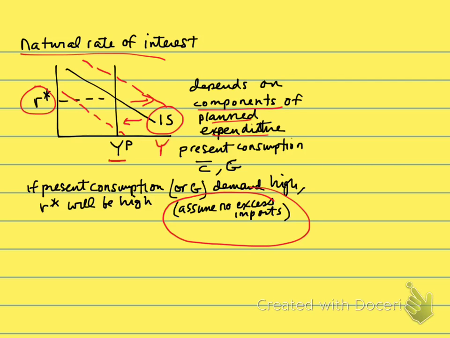So we can think of the natural rate of interest as really set at a global level. Global savings has to equal global investment, and the natural rate of interest is the rate where global savings equals global investment. Because we do live in a world now where there are pretty free flows of capital and goods around the world, it makes more sense to think of it as a global market.